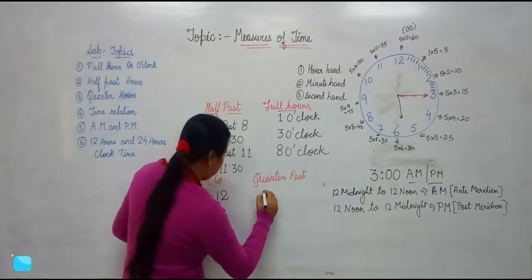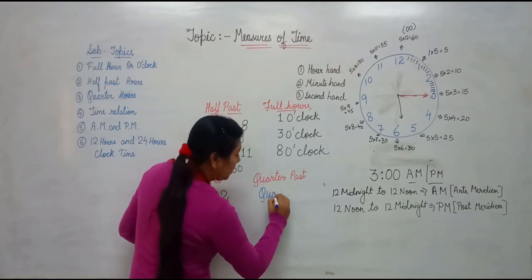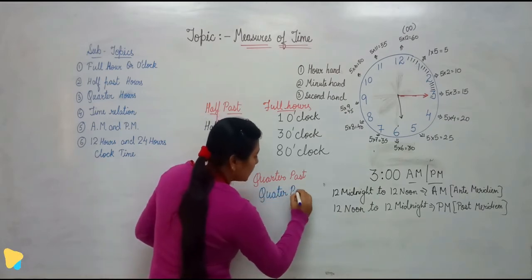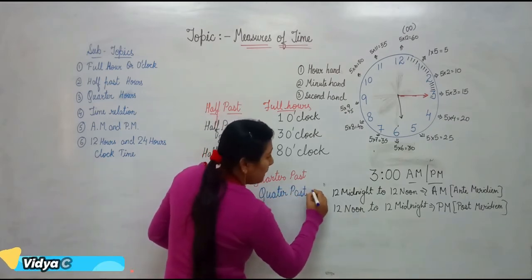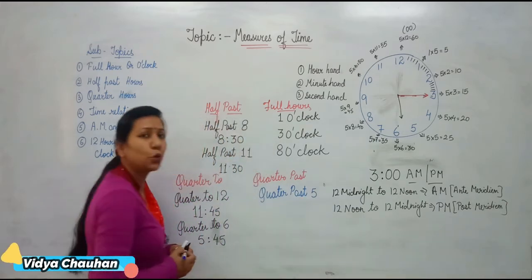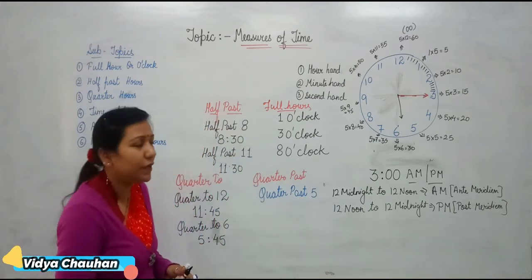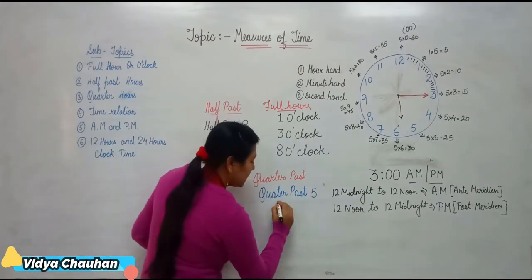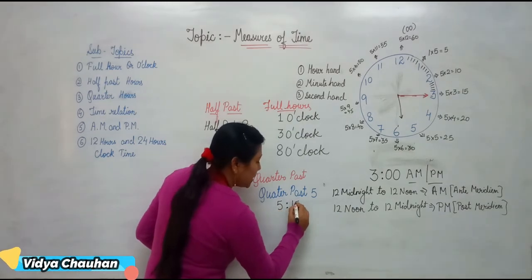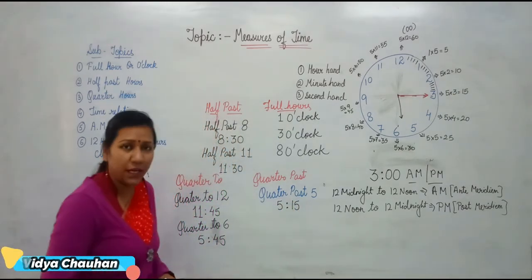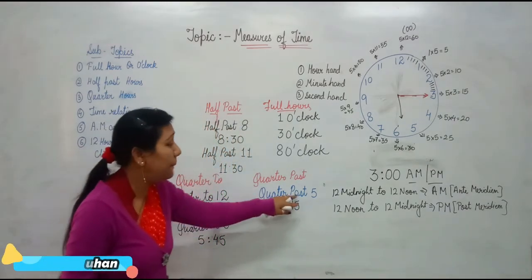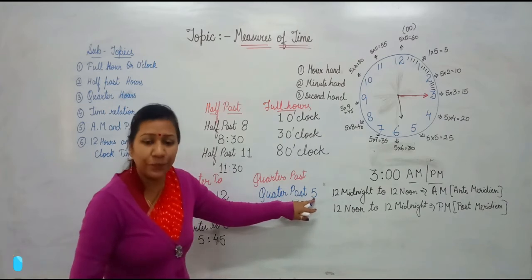So your time is quarter past 5. Quarter past 5. That means you can say it as 5:15. The time is 5:15. Quarter past 5. Clear, students?